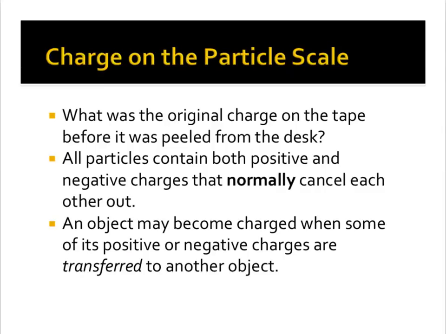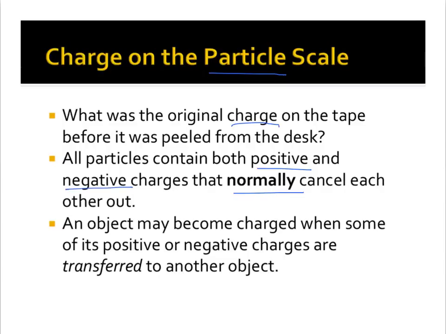So on the particle scale, if we're looking at what was the original charge on the tape before we peeled it off the desk, well, they normally cancel each other out, meaning that the positive and the negative balance out.